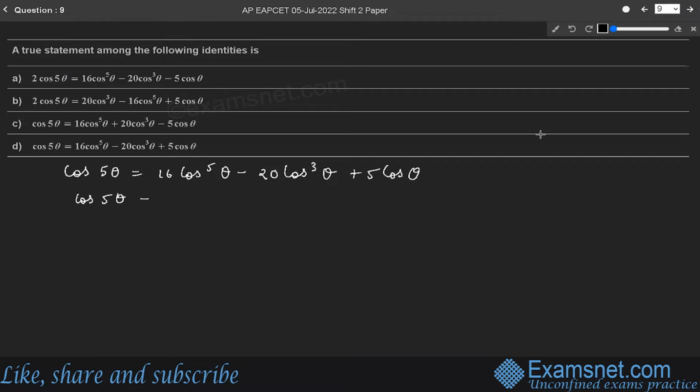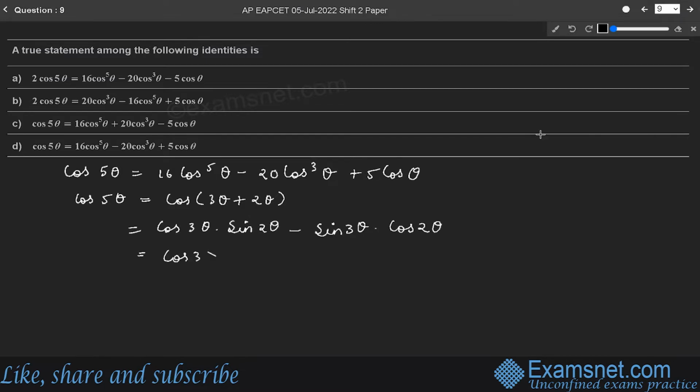Here cos 5 theta can be written as cos of 3 theta plus 2 theta, which will be equal to cos(A plus B). So it will be cos A cos B minus sin A sin B. So it can be written as cos 3 theta into cos 2 theta minus sin 3 theta into sin 2 theta, which is equal to cos 3 theta into cos 2 theta minus half of cos theta minus cos 5 theta.